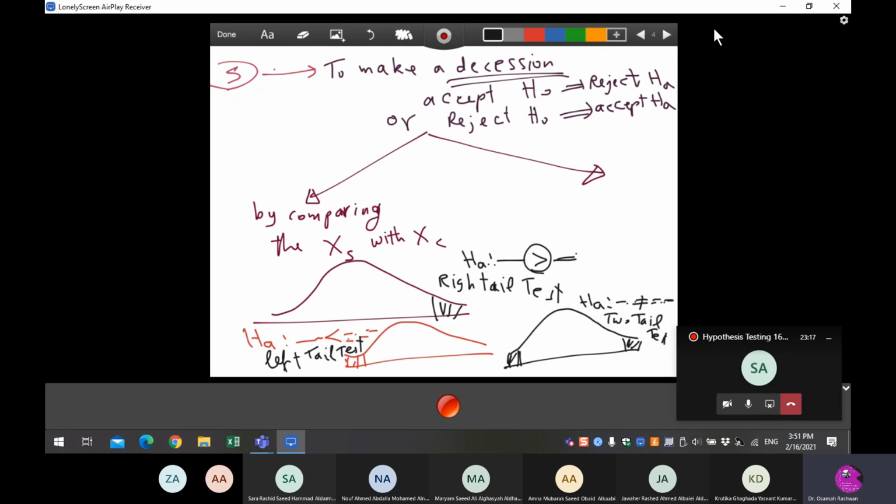So what is the shaded area? If this is the critical value, I have only one in this case. And here you have one. Here I have two, a critical value to the left and another critical value to the right.